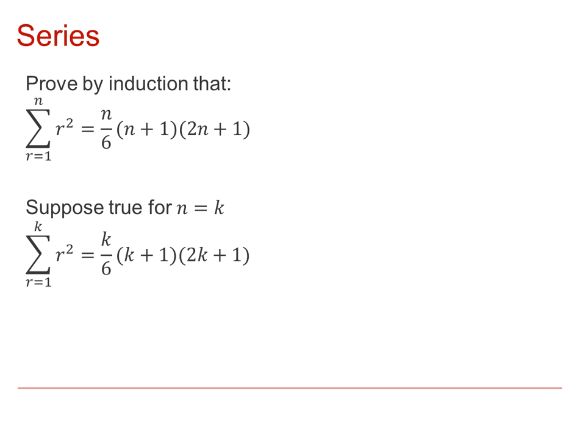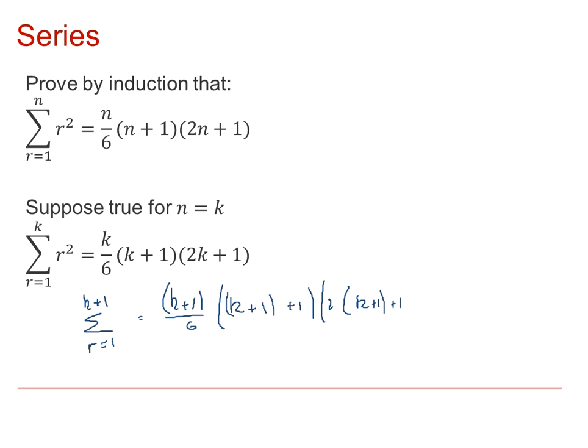So we need to show that the sum from r equal 1 to k plus 1 is going to be equal to k plus 1 over 6 multiplied by k plus 1 plus 1 multiplied by 2 times k plus 1 plus 1.